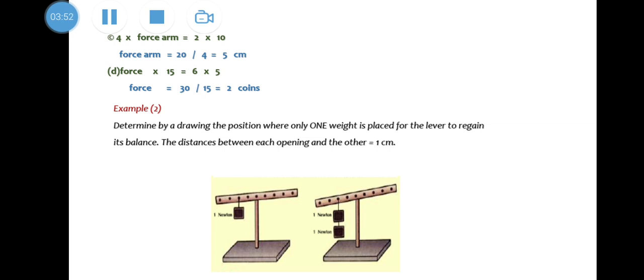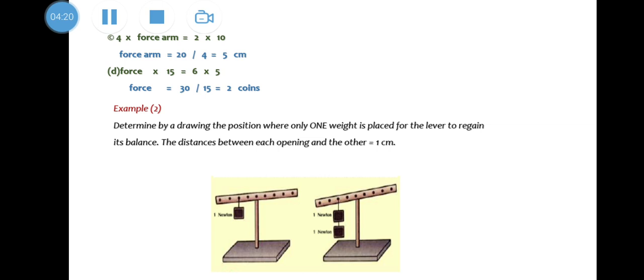Determine by drawing the position where one weight is placed for the lever to regain its balance. To regain balance, this is the effort force, the resistance is the load, and the one exerted by the person to equilibrate is the effort force. The distance between two openings equals 1 centimeter.